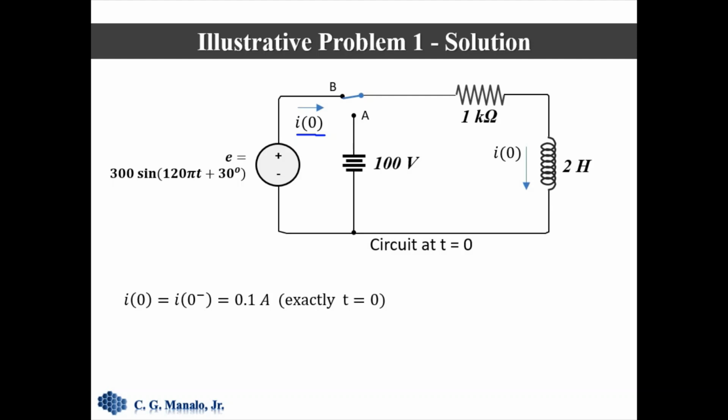And since the inductor restrains any abrupt changes in current, whatever is the current just before the switch is transferred must be the same current at exactly when the switch is transferred to B. That is, the current I at t equals 0 must equal the current just before the switch is transferred, and that is also equal to 0.1 amperes.